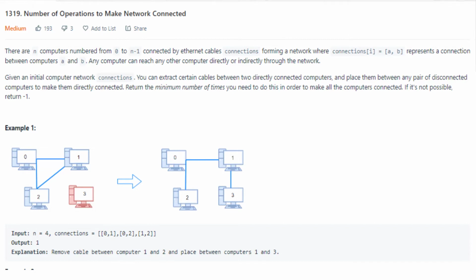Actually, the title is longer than the description. It says number of operations to make network connected. You are given n computers.